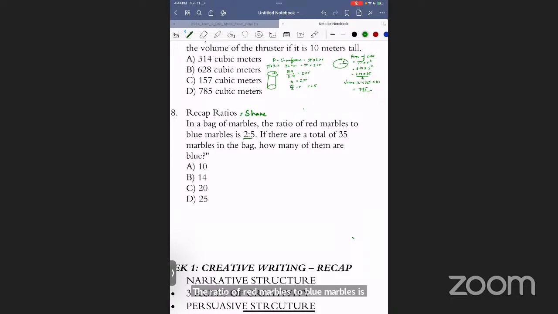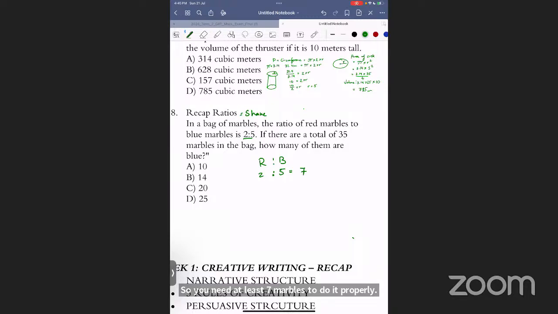Another way to think about it is, if a factory is making marbles, for every 2 marbles they paint red, they paint 5 marbles blue. You need at least 7 marbles to do this set properly. So you have 2 and you have 5.